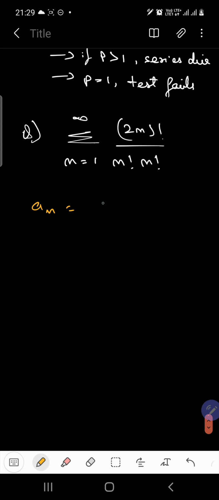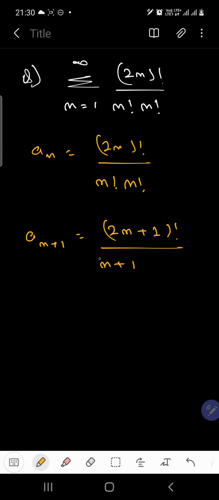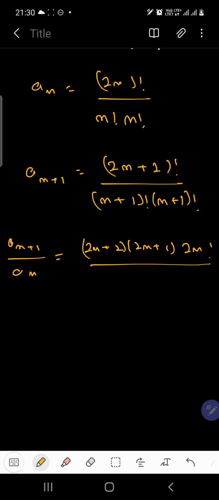So your a_n is equal to (2n)! upon n! times n!, and your a_(n+1) is (2n+2)! upon (n+1)! times (n+1)!. So a_(n+1) over a_n can be written as (2n+2)(2n+1) times (2n)! over (n+1) times (n+1) times n!, upon (2n)! over n!.